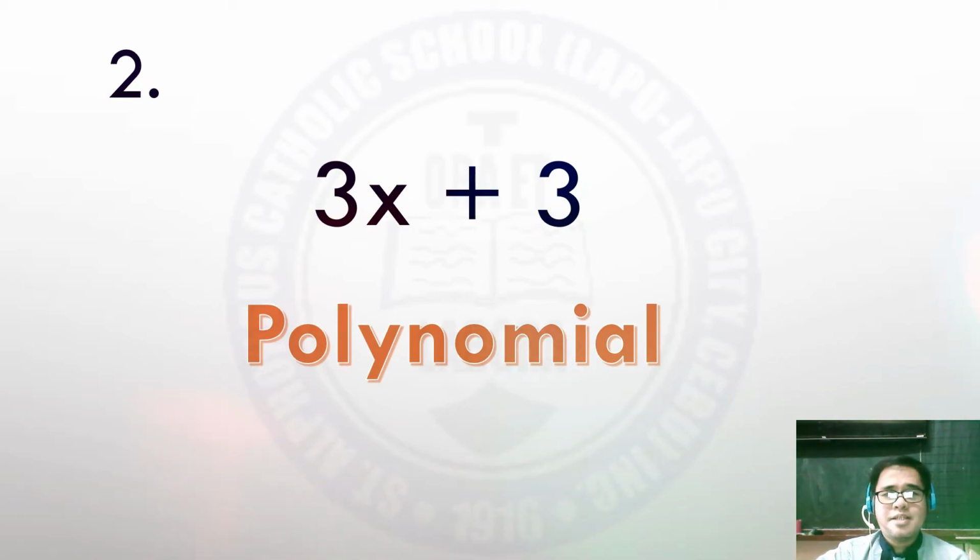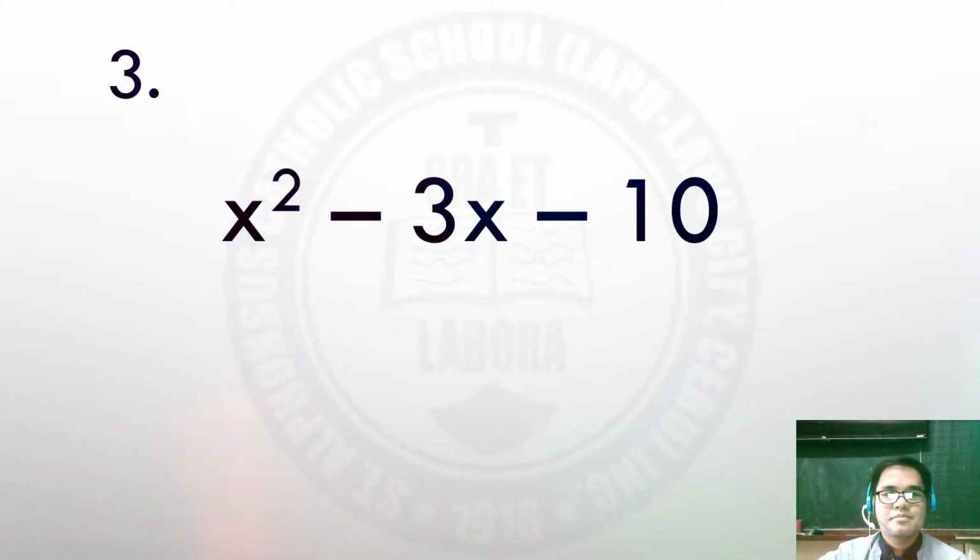Yes, this is a polynomial, also known as a binomial because there is a plus sign that indicates the separator of the two terms, which are 3x and 3. Is this a polynomial? Yes, this is a polynomial, also known as a trinomial.